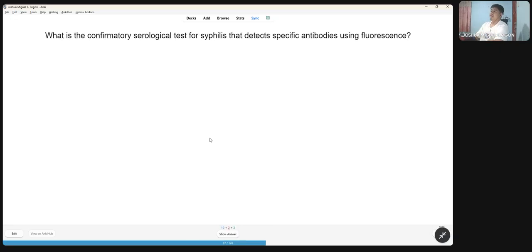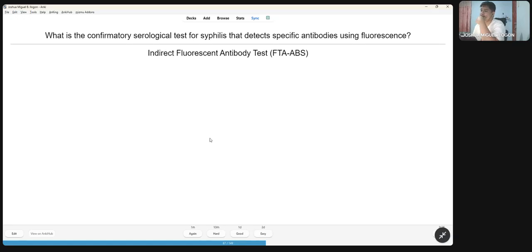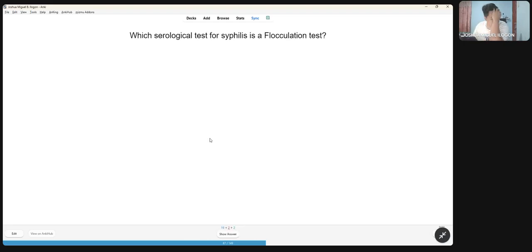What is the confirmatory serological test for syphilis that detects specific antibodies using fluorescence? This is the FTA. I know this. The fluorescence. So easy, bro.